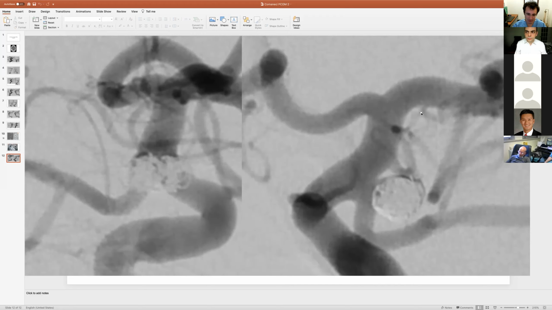Unlike the balloon, where I feel the result is a little more predictable. Yeah, but the difference is that you can take it really distal into the distal ACA, distal MCA. We've been in the M2, M3, where we are not usually taking balloons. Now maybe with the Eclipse.